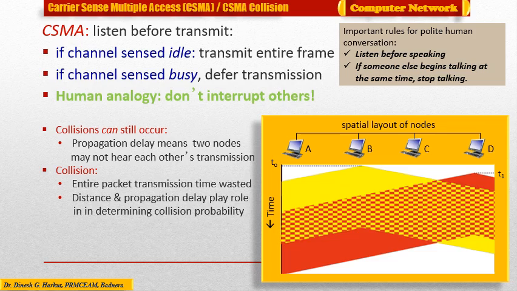At time t1, where t1 is greater than t0, as shown in the time axis, node D has a frame to send.